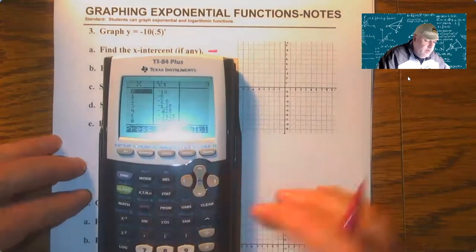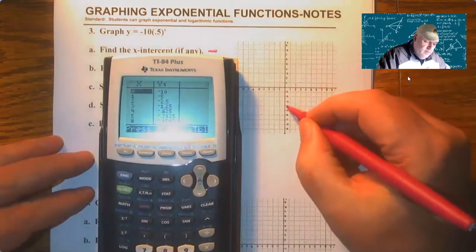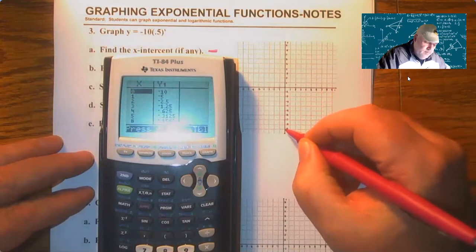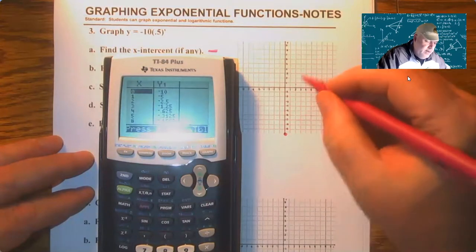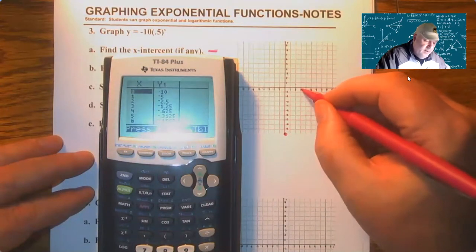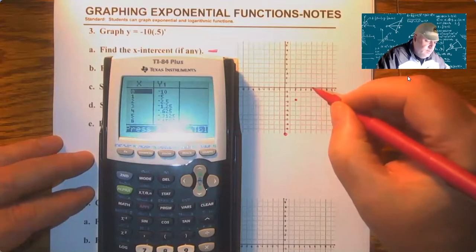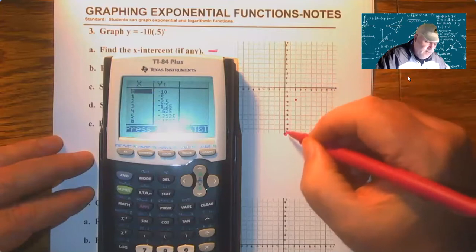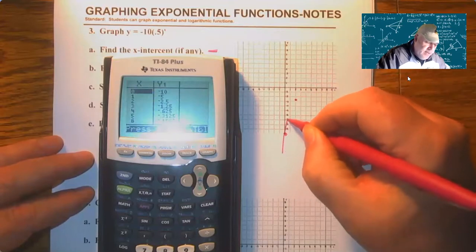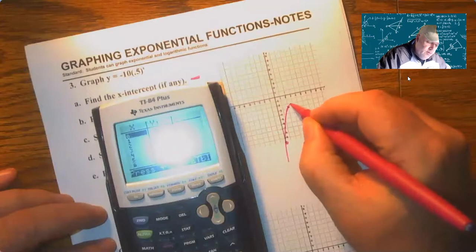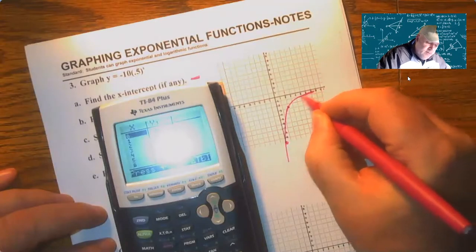And then you can go to your table and graph; I won't be terribly picky on graphing these. So 2, -2.5, and then just do your very best to get it very close to the asymptote.